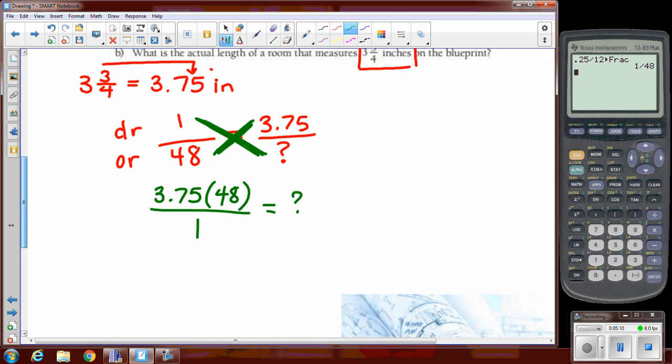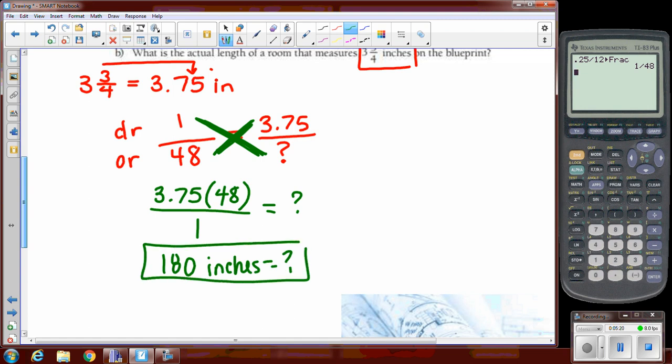So if I was to crunch these numbers out in our calculator, I'm going to get 180, and in this case we're talking inches. So from the blueprint that was only 3 3/4 inches long, the actual room would be 180 inches long.